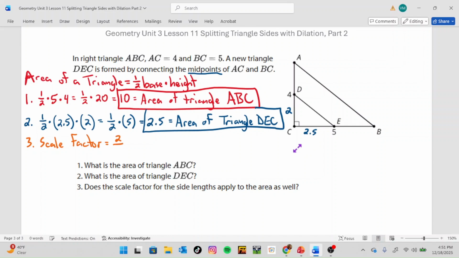So new length of 2 divided by old length of 4 is the same as 1/2, because 2 and 4 are both divisible by 2.